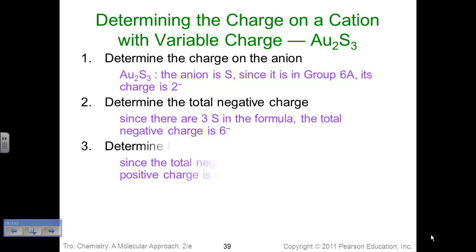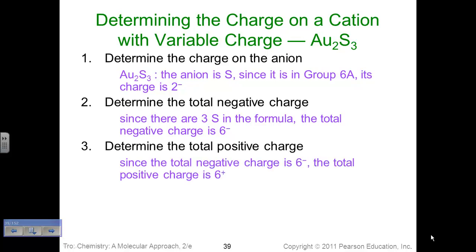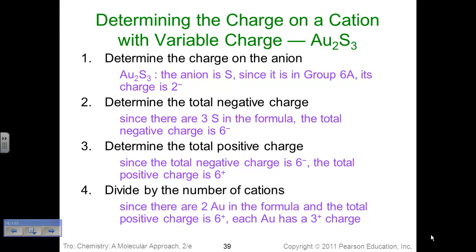Au stands for gold. S is going to be sulfide. Now the element is sulfur, but the name of the negative ion is sulfide. So thinking through what we have so far, we have gold and sulfide.